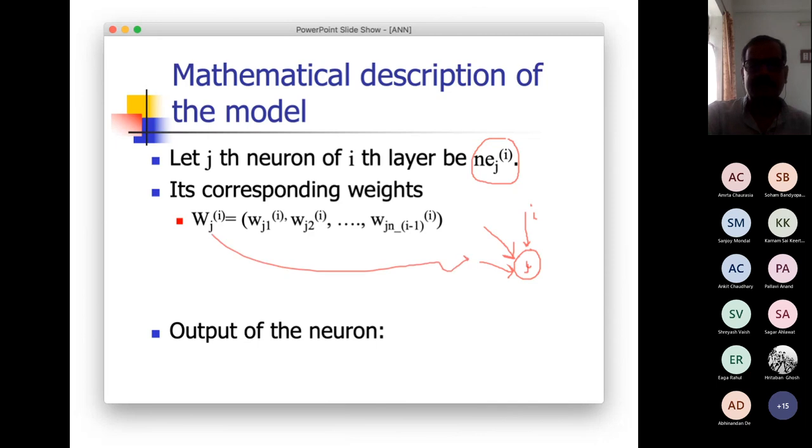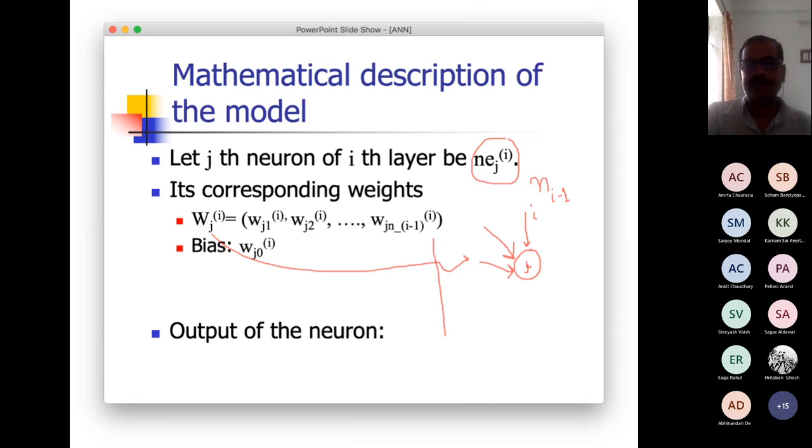Its previous layer is the (i-1)th layer, and we assume that there are n_{i-1} output nodes in the (i-1)th layer. From each, there is a connectivity. That is how this weight vector is defined for a particular layer.